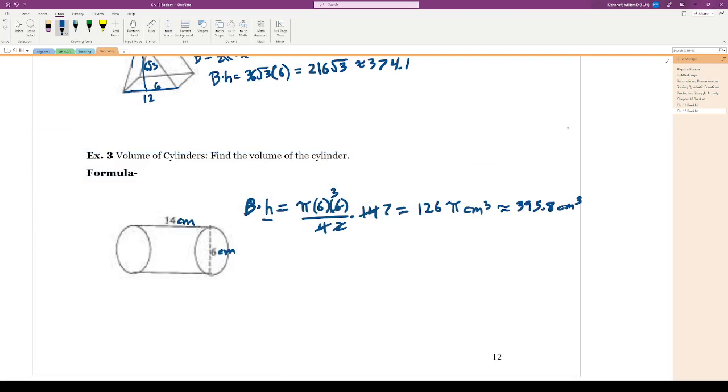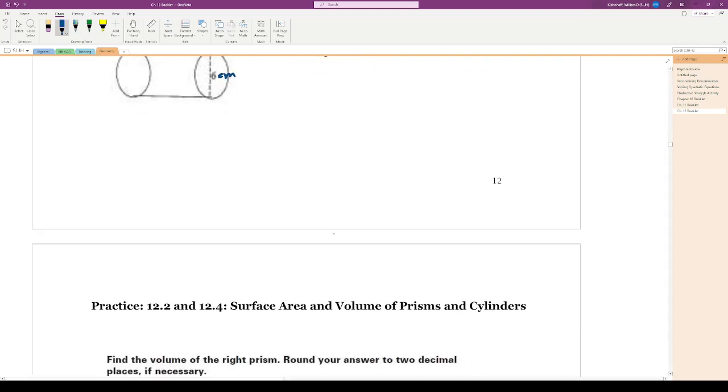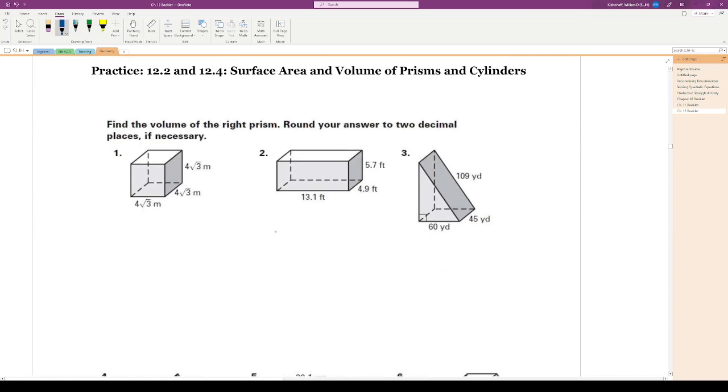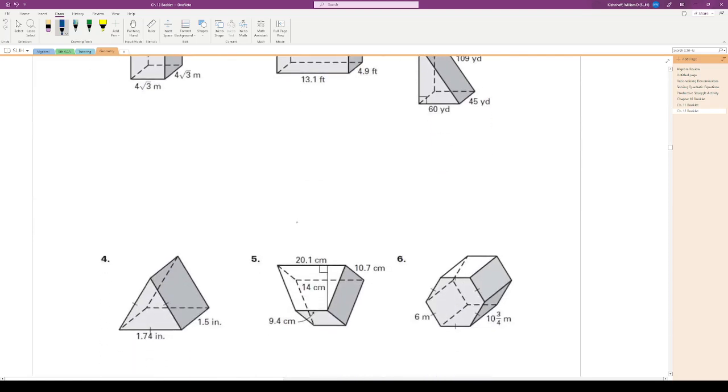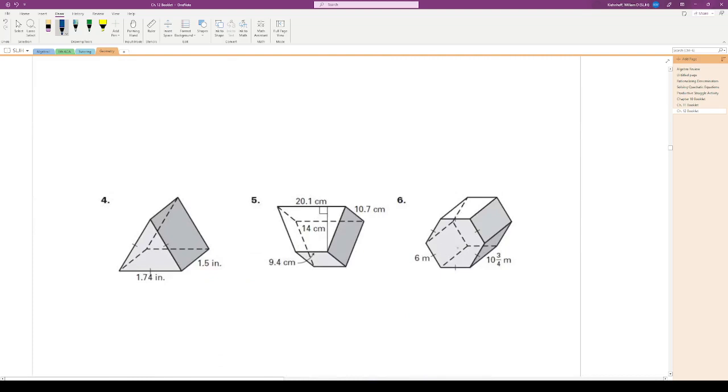All right, so that hopefully, again, was just a refresher of how we do volume and surface area of these two kinds of shapes. Shouldn't be anything new there. The one maybe new thing is where, like I said, we have here a regular hexagon base or a trapezoid base. You need to use the way we learned to calculate areas of those shapes and then multiply by the height.